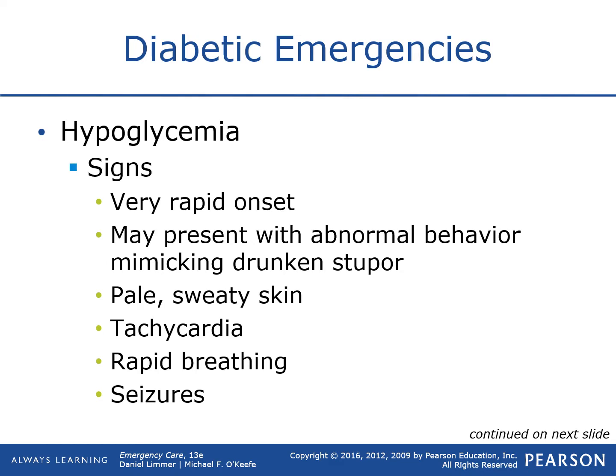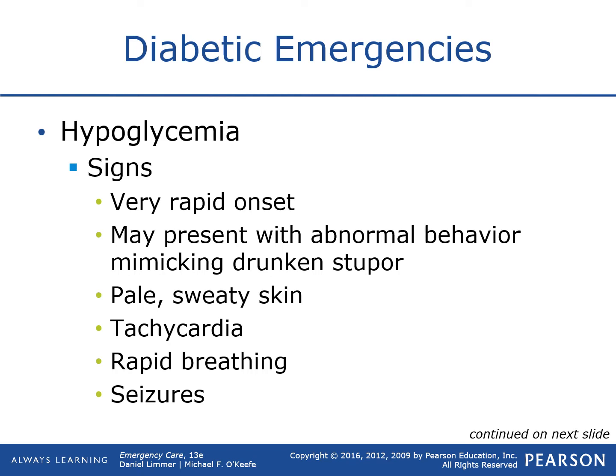So the signs that we look at for hypoglycemia, it's usually a very fast onset. This is not something that takes days to happen. This is something that will happen within minutes, maybe even an hour. So very rapid onset. You usually have high altered mentation. So a lot of times our hypoglycemic patients might mimic someone who might be drunk.